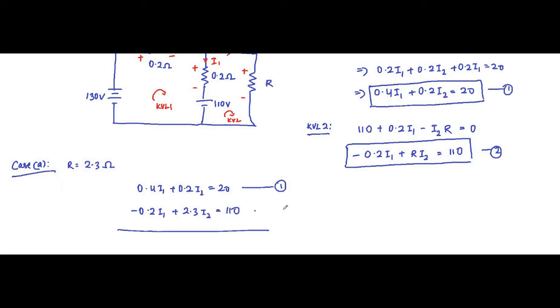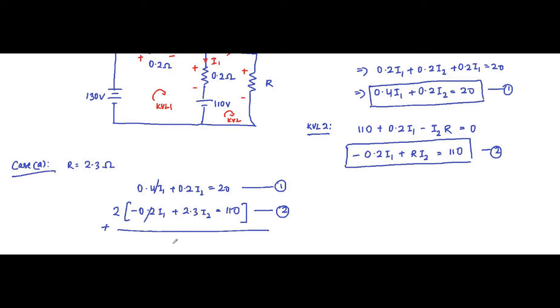Now we have to use the variable cancellation method. We simply multiply equation 2 with 2. When we multiply this equation with 2 and add these two, I1 gets cancelled.